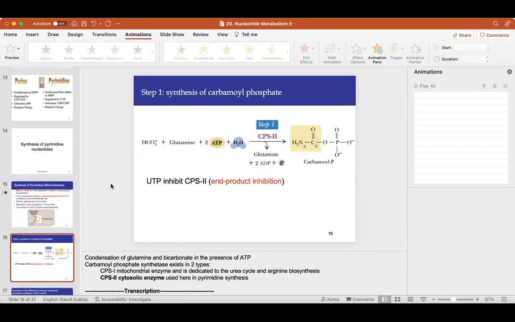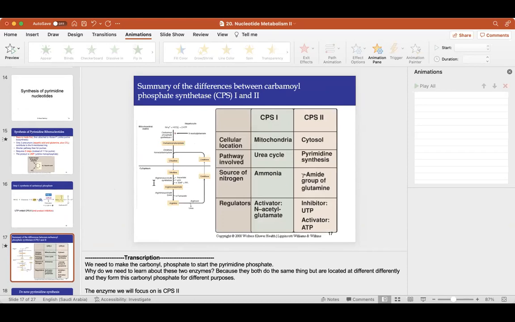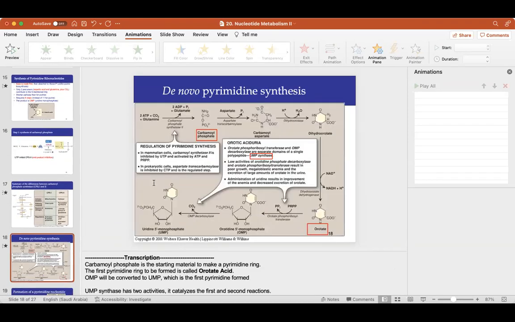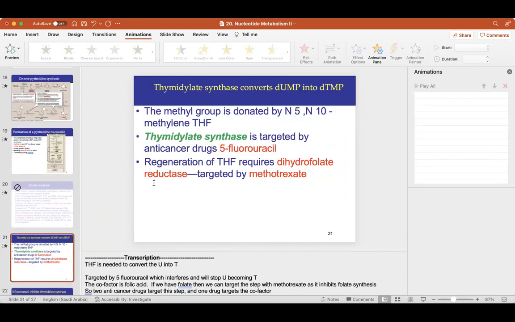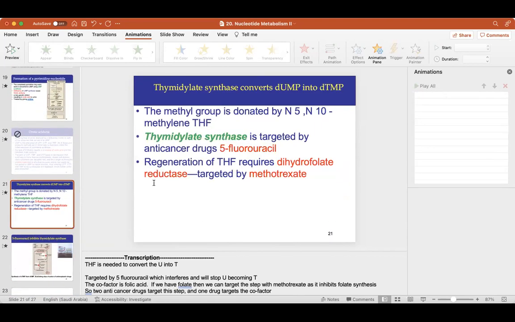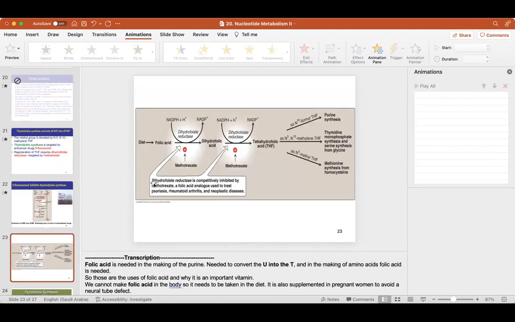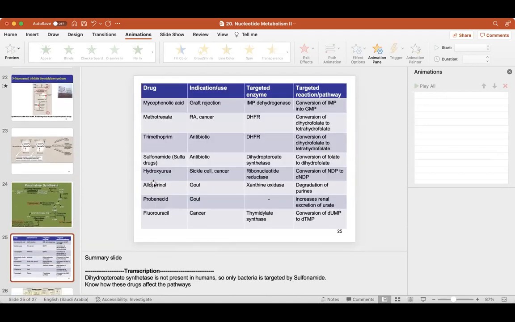Know the regulating step here, know the enzymes, know the differences between CPS1 and CPS2. And again, know the mechanism behind orotic aciduria. How do they treat it? Important to know, okay? Also 5-fluorouracil mechanism of action, and that is pretty much it.